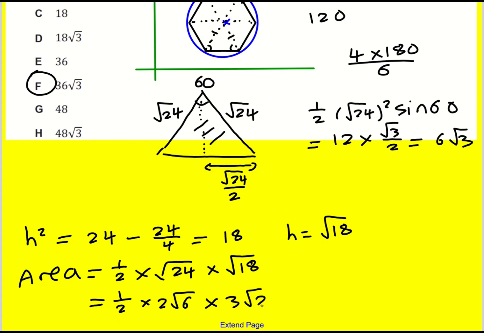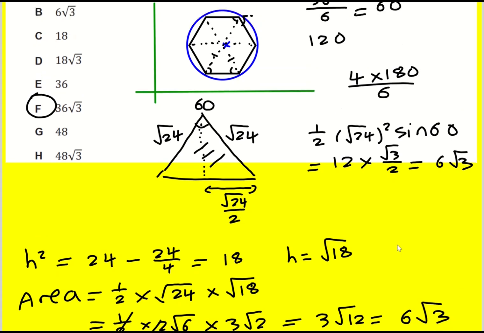So I get the half and that cancelling, I get 3 root 12. Might be better ways to do this. But that itself becomes 2 root 3. So I'll get 6 root 3 that way as well, and then times by 6 to give the answer.